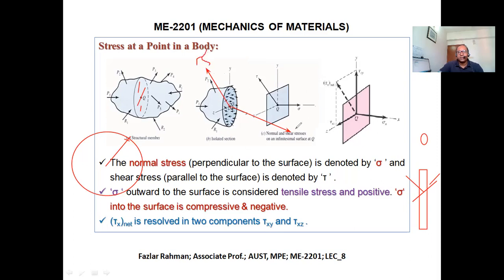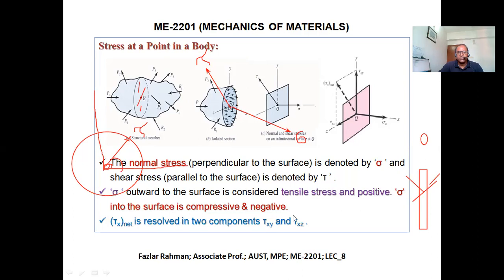The combined effect of this sigma and tau, if it is higher than the applied load, then it will not break. But if tau and sigma are lower than the applied load, then the stone will break into two parts. If this is the x-axis, going into the screen, and this is the y-axis, this is the z-axis, then this tau I can break into two components.